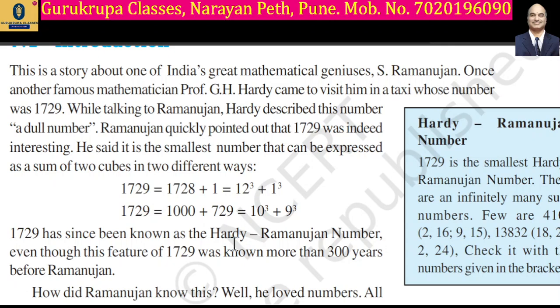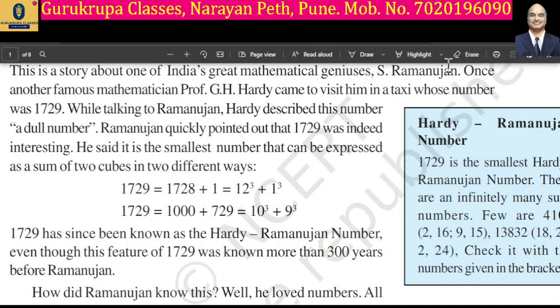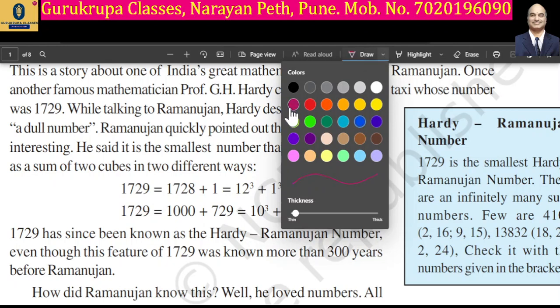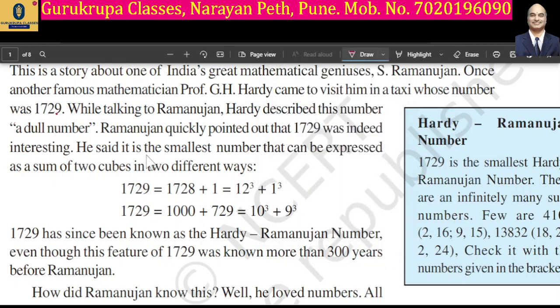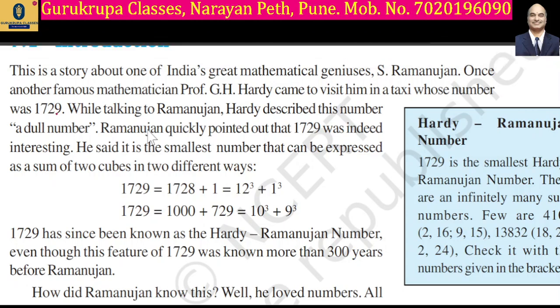came to visit him in a taxi whose number was 1729. While talking to Ramanujan, Hardy described this number, 1729, as a dull number.